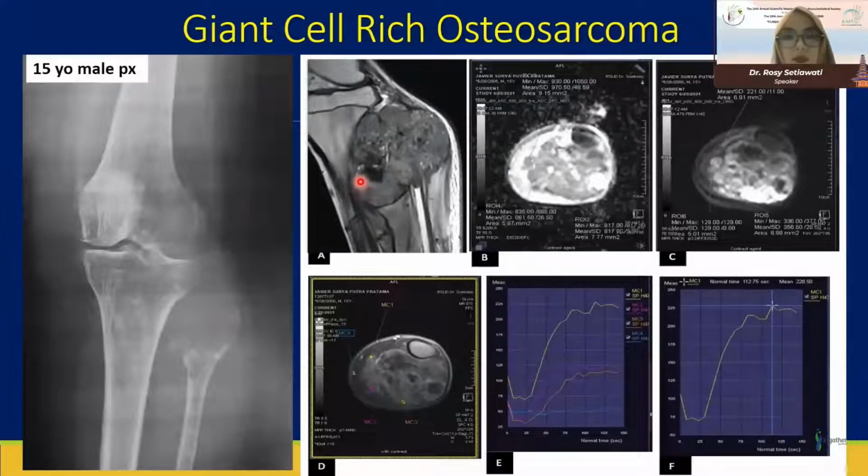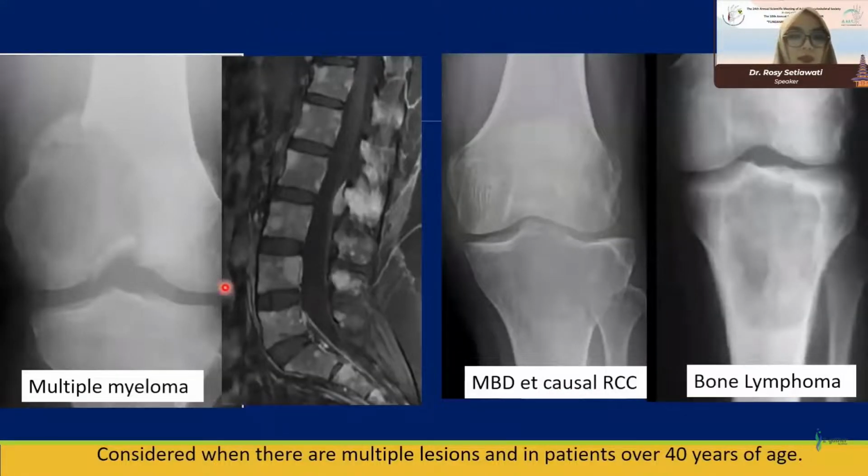Giant cell rich osteosarcoma also has a broad zone of transition. In this case, we can see an osteolytic ill-defined lesion in the proximal fibula. On MRI, we can see extensive soft tissue and bone destruction of the proximal fibula, and on diffusion there is restricted diffusion with low ADC, early enhancement and a plateau type of TIC pattern.